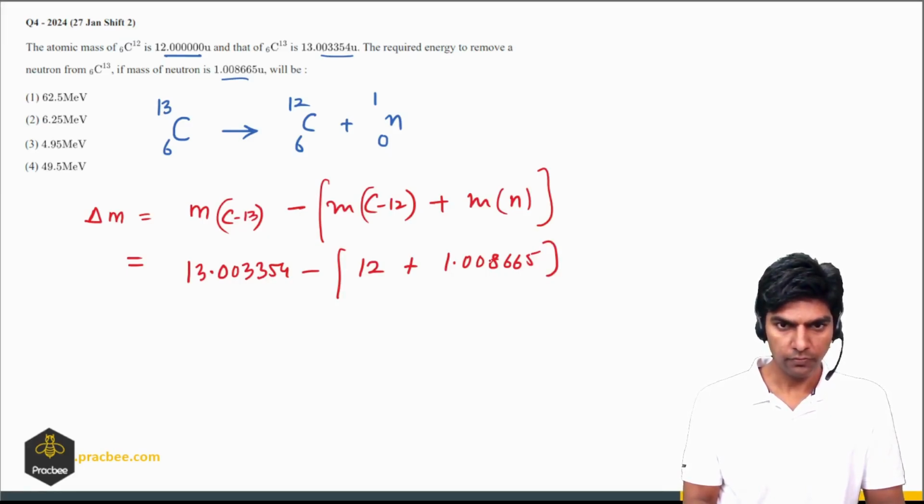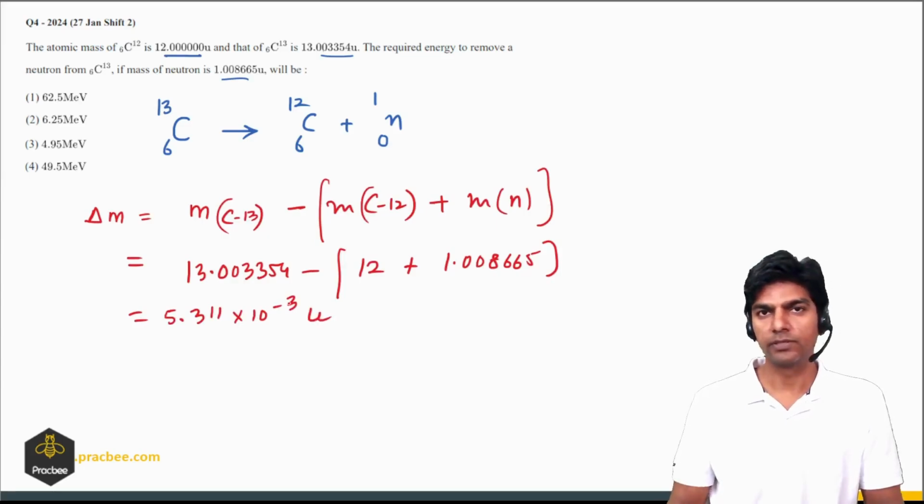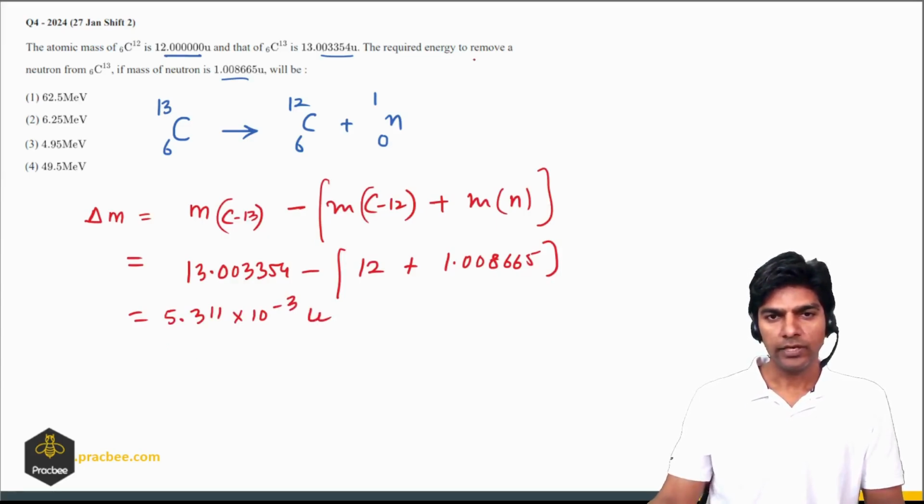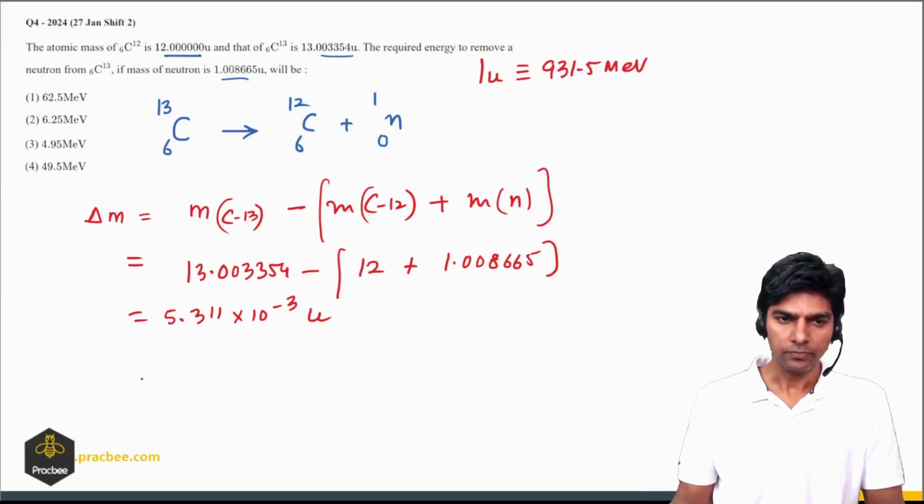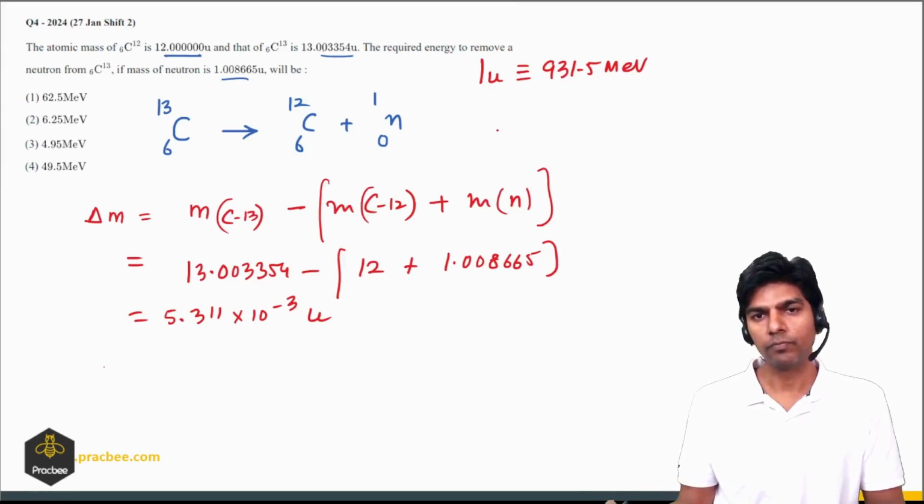13.003354 minus 12 minus 1.008665. So this comes out to be 5.311 into 10 raised to minus 3 atomic mass unit. And we know that 1 U is equivalent to 931.5 mega electron volt. So we can multiply this delta M with 931.5 so that we can find the energy released or energy required in mega electron volt.